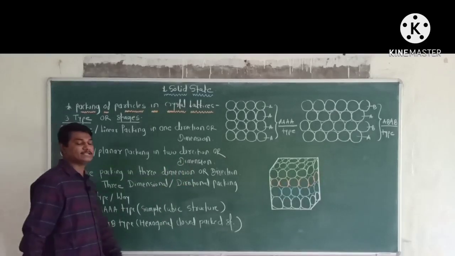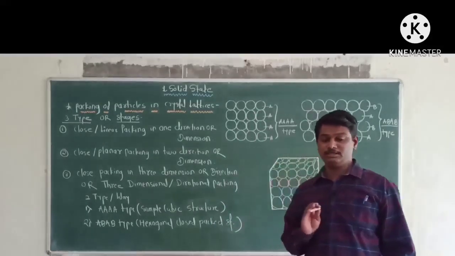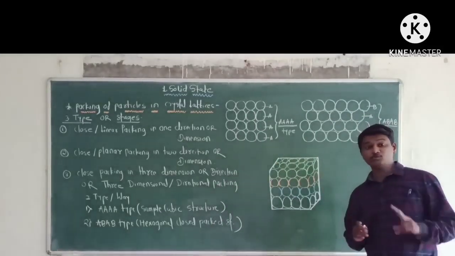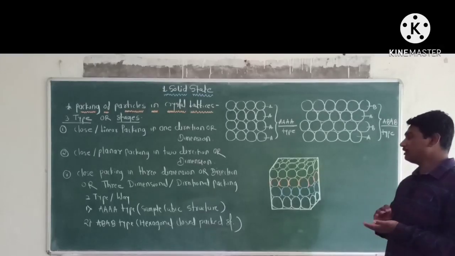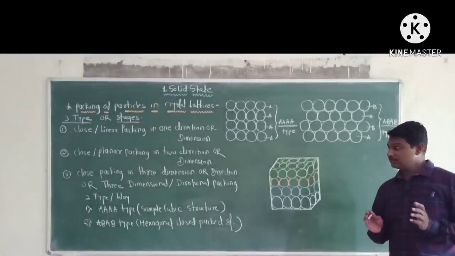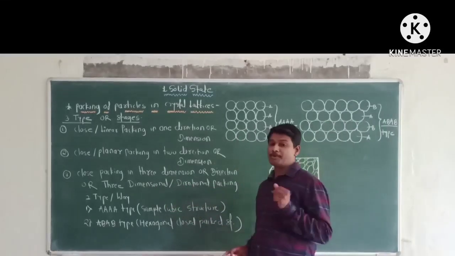This type of packing is made when the layers of constituent particles of a two dimensional packing are placed over each other. So it forms a three dimensional structure, therefore such a packing is called three dimensional or directional packing.